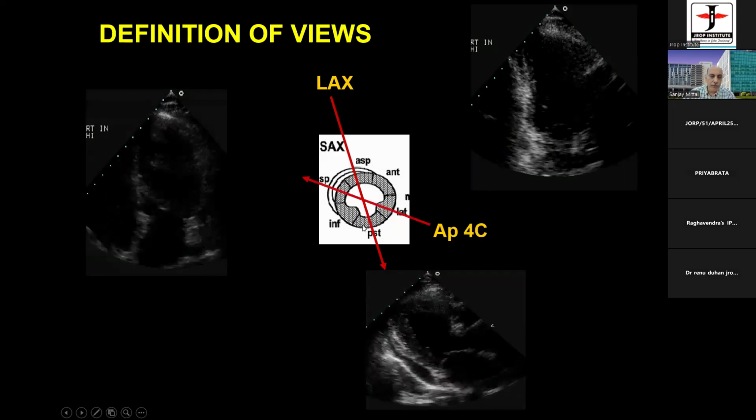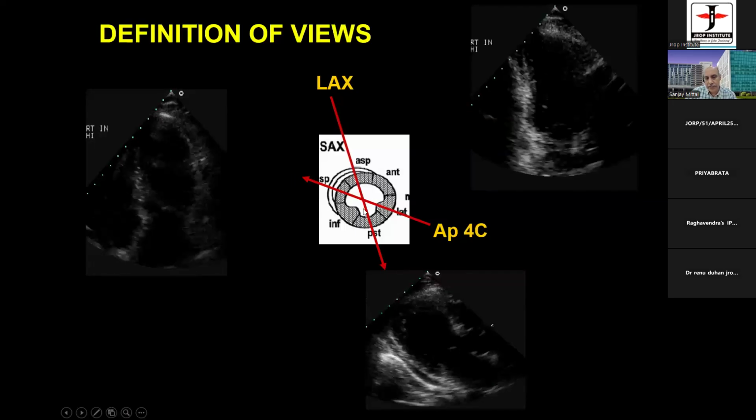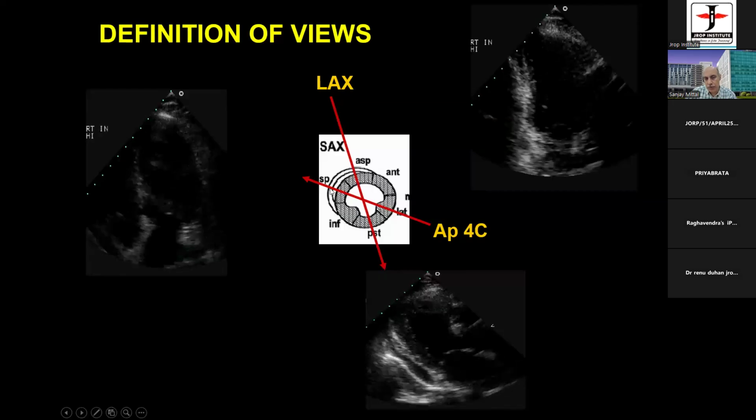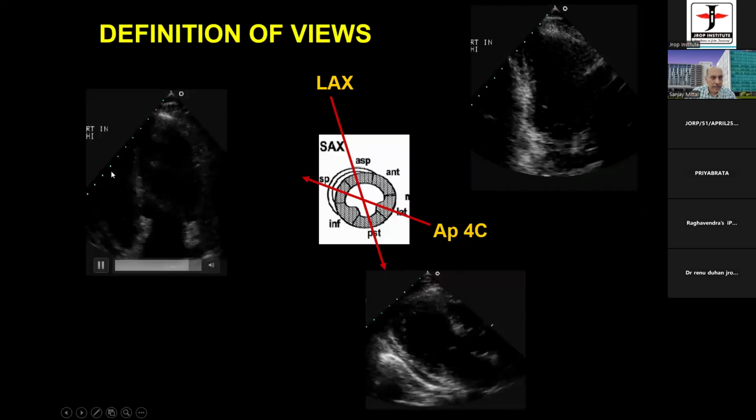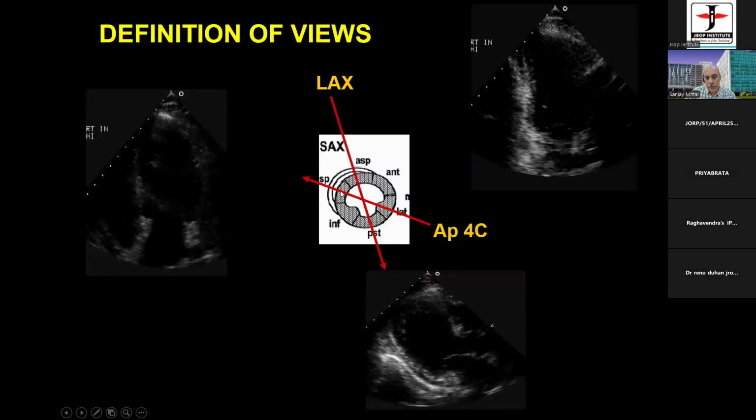Thereafter, we move towards the four-chamber view, and we all know how to obtain it. Here the ventricle is cut in this direction, which means there would be a portion of the right ventricular free wall, here. This would be the posterior part of the septum.